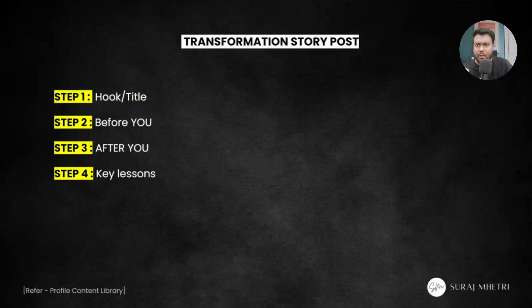So for example, you can write down step by step, from one, here's what I did, and list down all the key lessons that made you think or do differently, that made you go from before you to after you, from a struggle to an outcome.